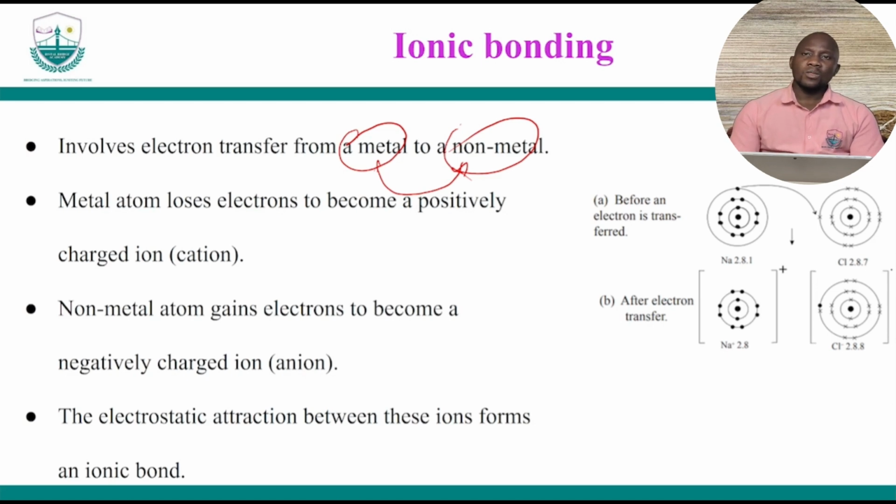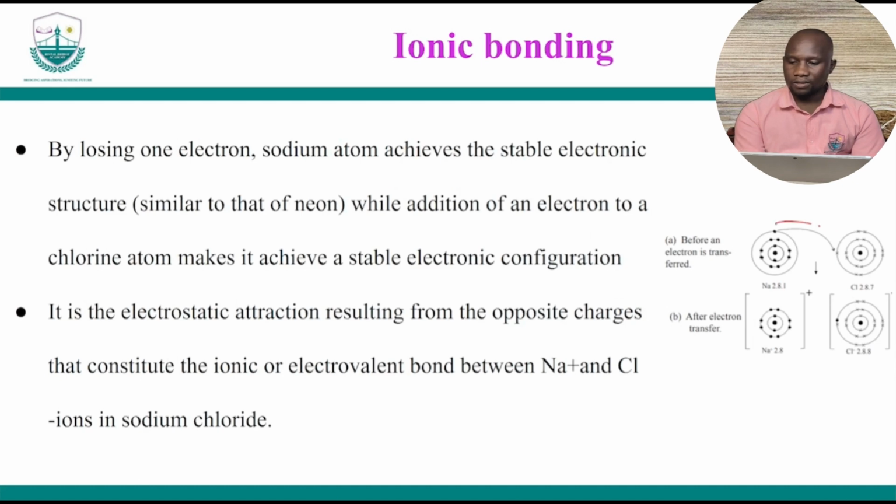Usually, we use the example of sodium chloride in illustrating ionic bonds. One electron, in this case, is moved from sodium to chlorine. So why does that happen?